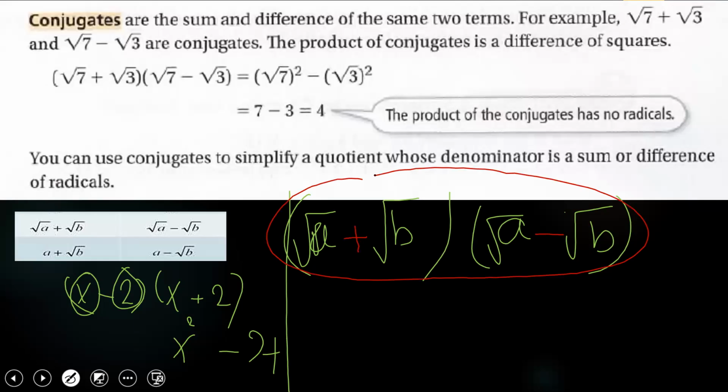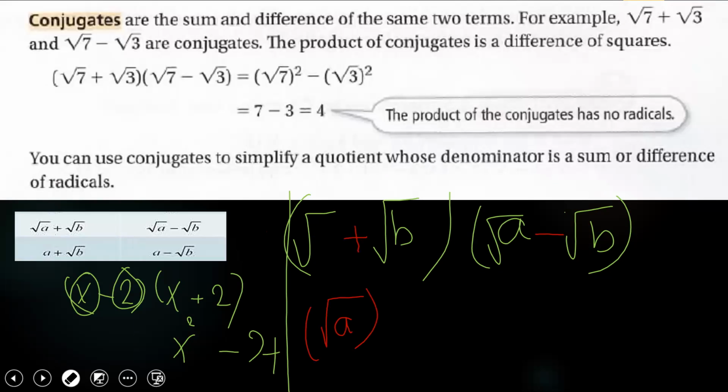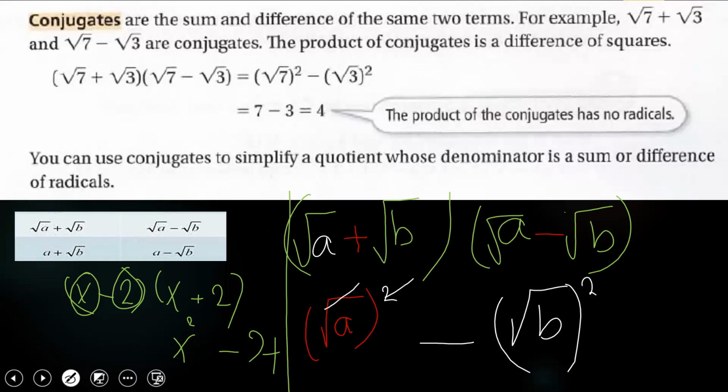Now, the product of them: you take the square root of a, you square it, minus the square root of b squared. Squaring cancels the square root, so you have a, and you have b. So the answer will be a minus b.